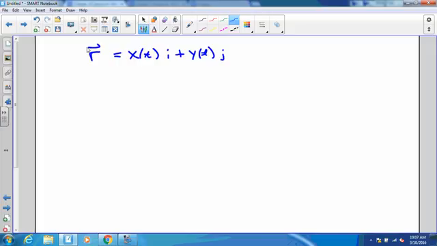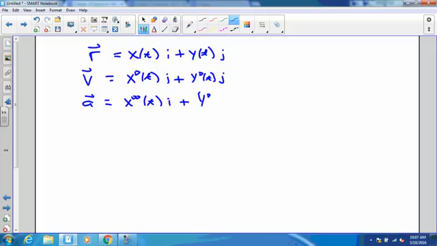You need to be able to find, just to summarize everything here, given a parametrically defined curve that's expressed in terms of vectors, you need to be able to find velocity vectors. Acceleration vectors.